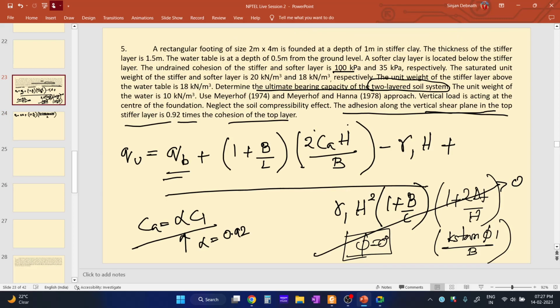And minus gamma 1 into H. What is the unit weight? Gamma 1 into H. Okay.